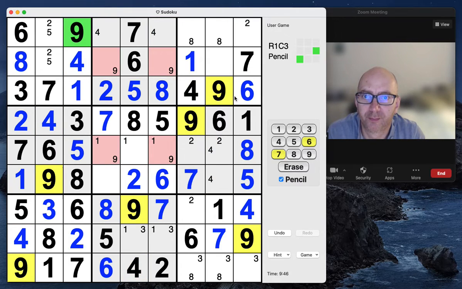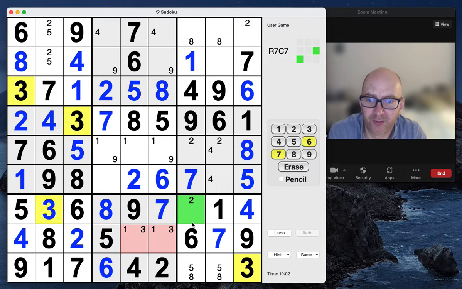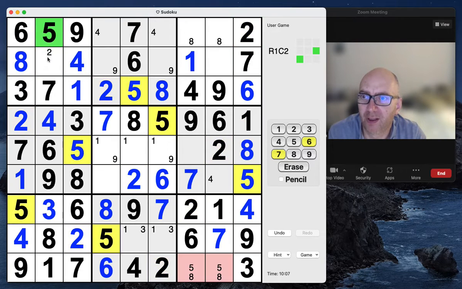Yep. We've got a 5 pair down here, which actually is a 5-8. So this resolves R3 and R2, R2 and R2, R5 and R2.